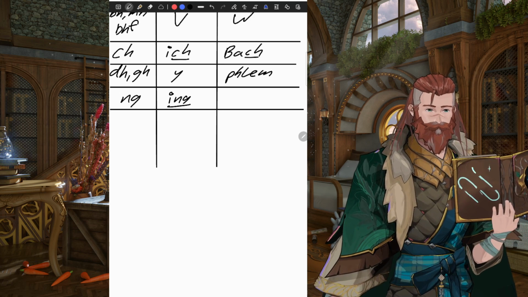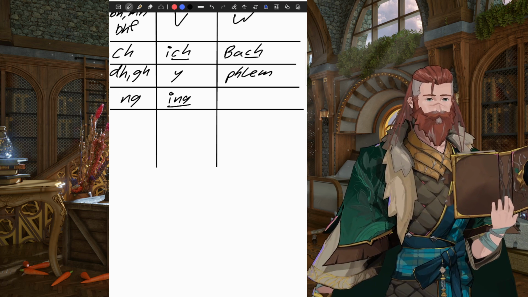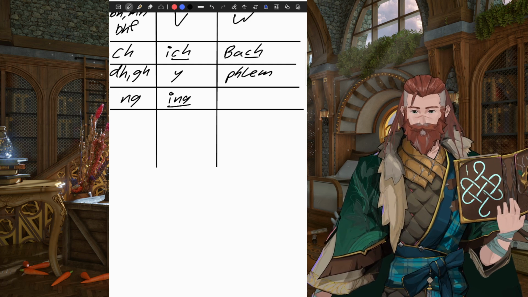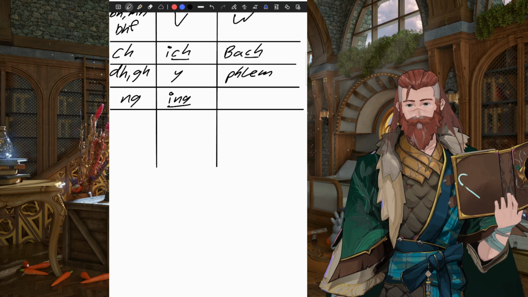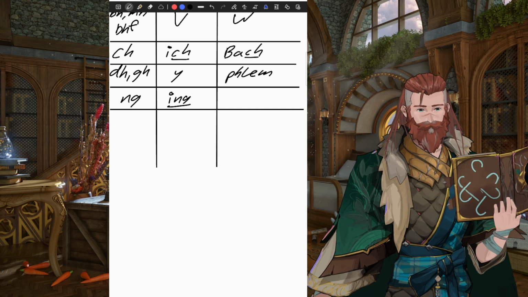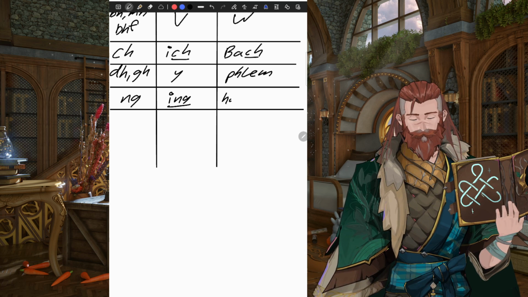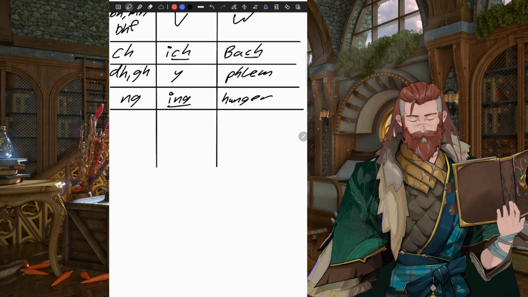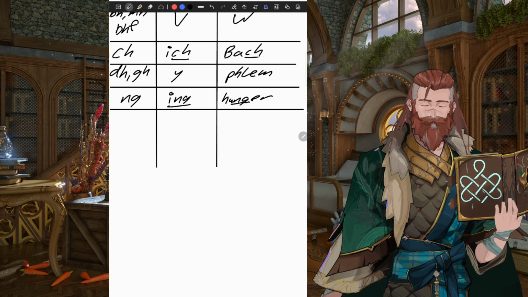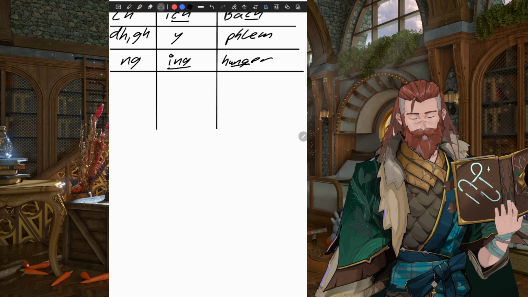Just at the end of the word, like singing, burring, versus the NG sound in the middle of words like hunger and language. Again, a bit of a subtle difference, but it still makes all the difference in the world. Sometimes, I assume.